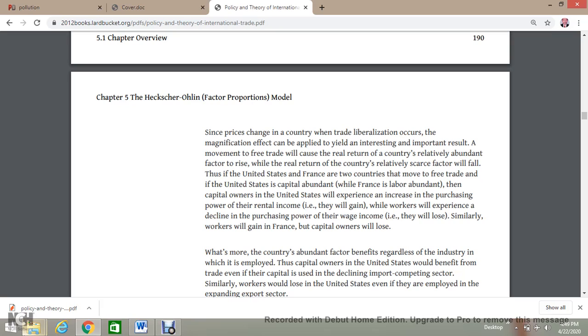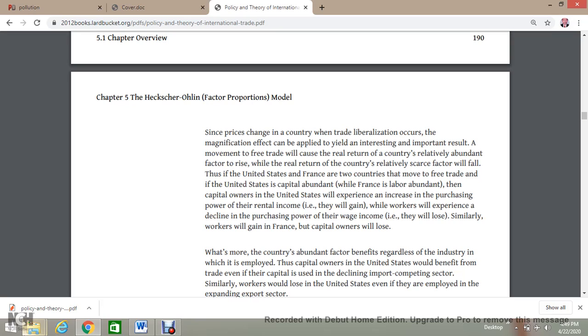As I said, because of free trade and trade liberalization, the country will take up those production activities for which it possesses abundant inputs. Abundant means more available, in more quantity.